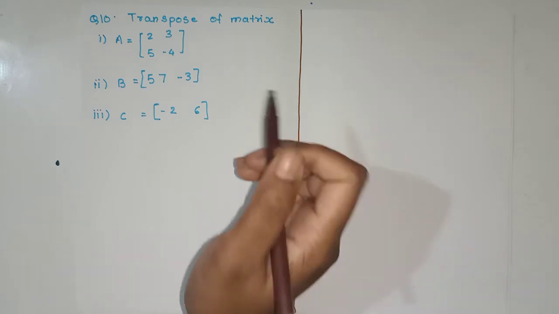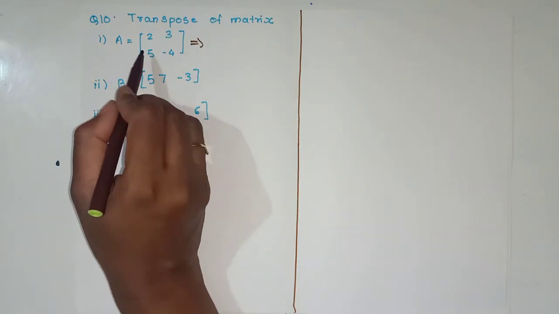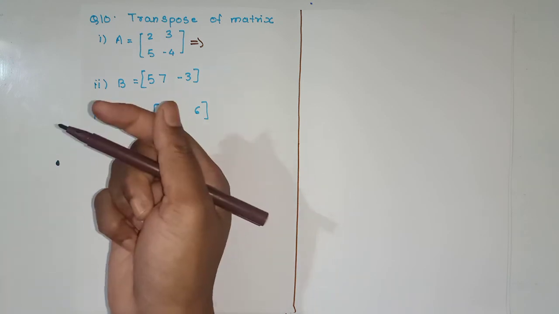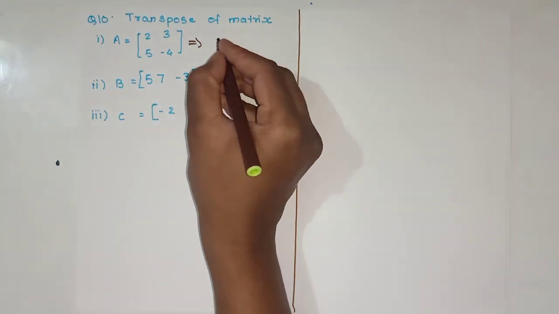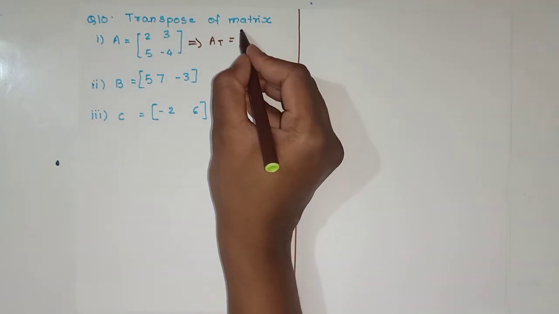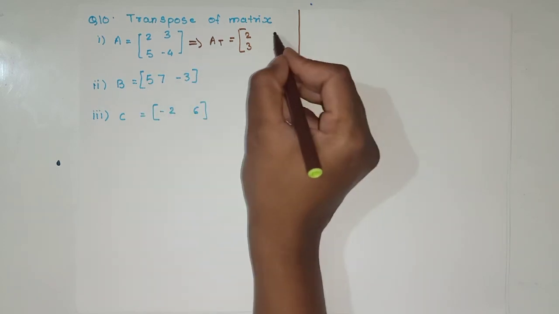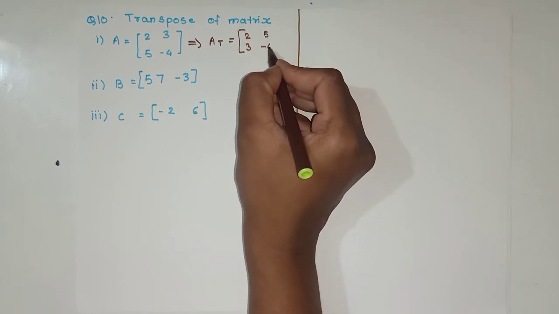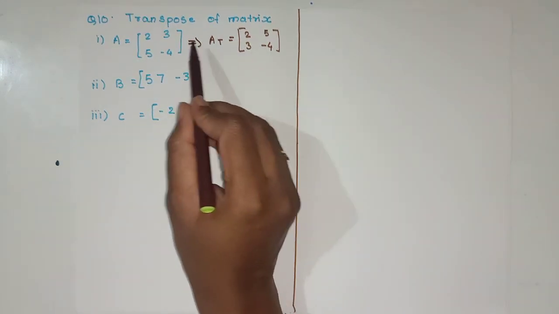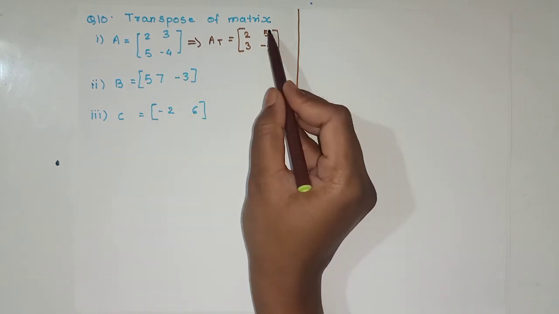Now in question number 10, you have to write down the transpose of this matrix. So transpose of a matrix means the rows become columns and the columns become rows. So here, like 2 3 is your row, so now it will become your column. Okay, so transpose of this matrix is what? When it's transposed, 2 3 will come in the column and 5 minus 4 in the column.